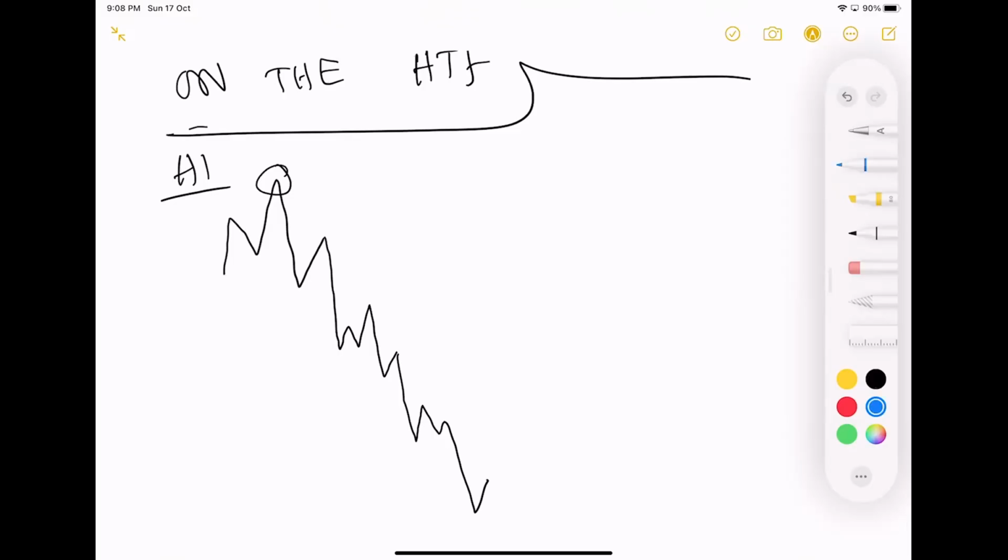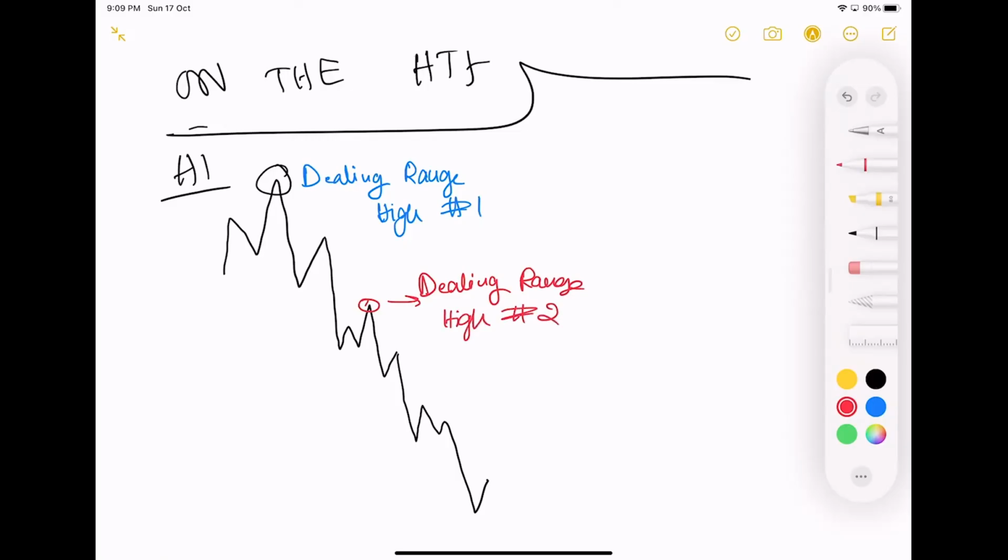So we have dealing range high number 1. Then here, we have dealing range high number 2. And over here, this is just based on the example, this is just a low resistance liquidity pool. Okay, just in this example.